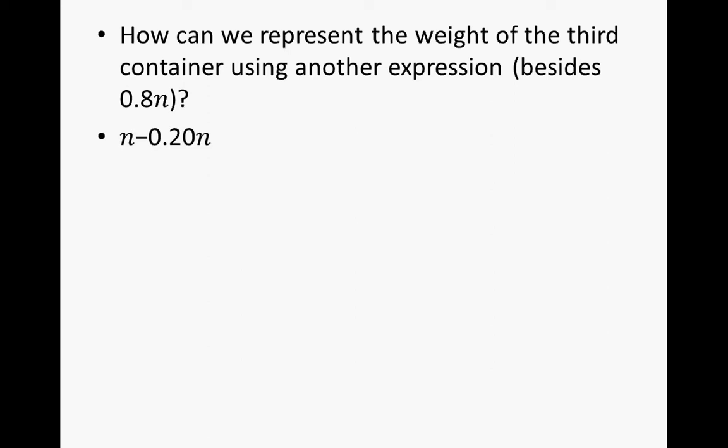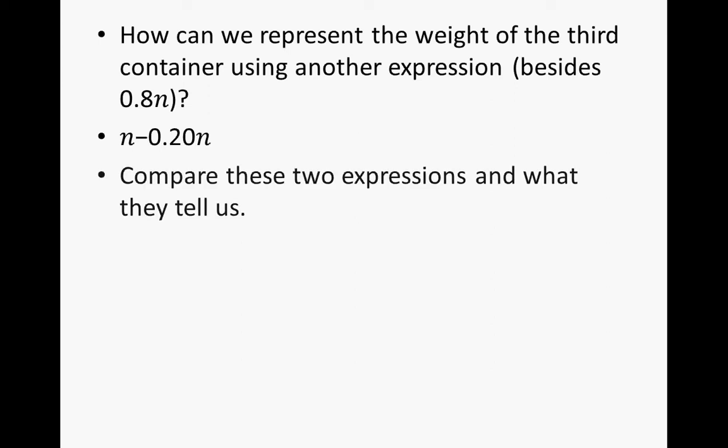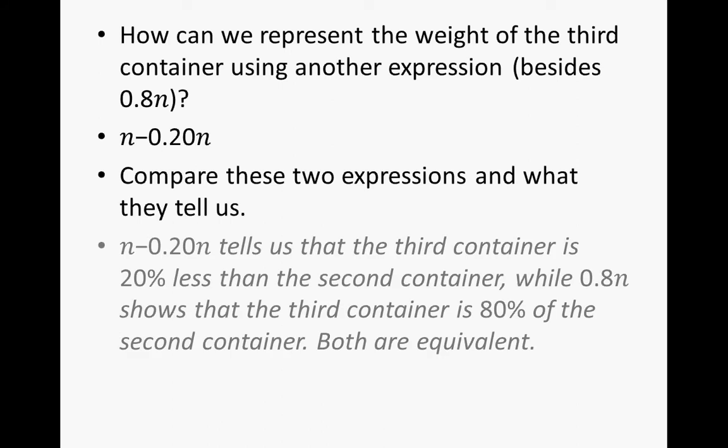Well, you could say n minus 20 hundredths times n. Compare these two expressions and what they tell us. Well, n minus 20 hundredths n tells us that the third container is 20% less than the second container, while 8/10 n shows us that the third container is 80% of the second container, and both are equivalent.